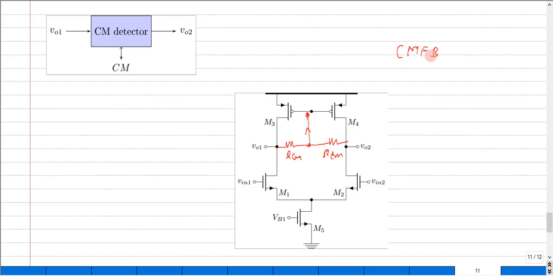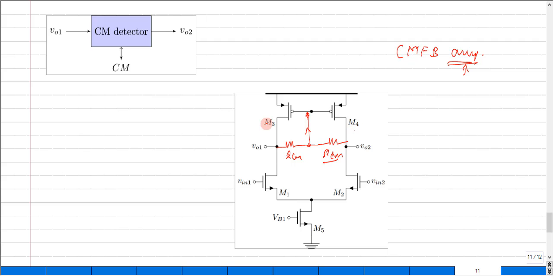Before further analysis of this circuit, we know that this circuit is termed a common mode feedback amplifier. Now let me talk about this word amplifier. Where does this amplifier exist in this circuit? This amplifier is basically created through the resistive load RCM, and then it is connected through our gates M3 and M4.